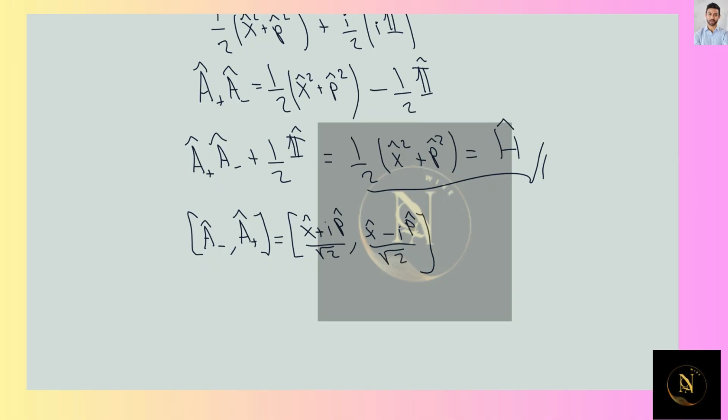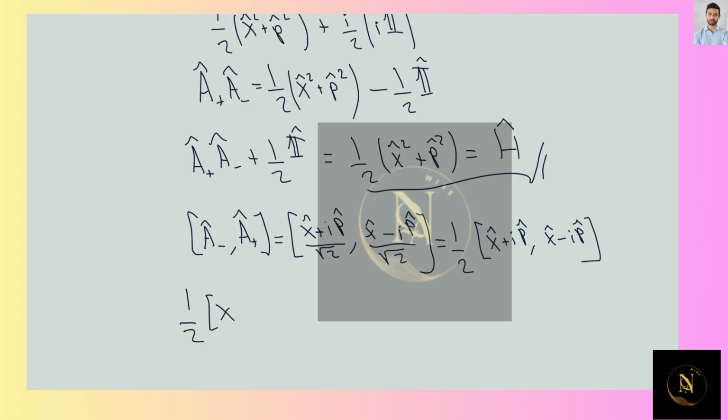We are going to apply commutator rules. The constants go outside, so this is 1/2 of the commutator of x plus ip with x minus ip. We can simplify this further. Let's expand it as a linear commutator.